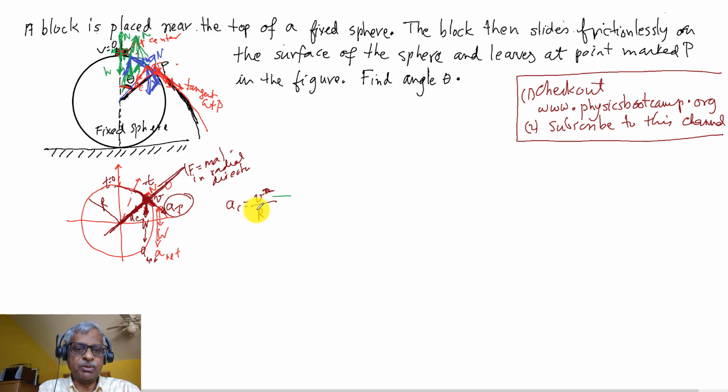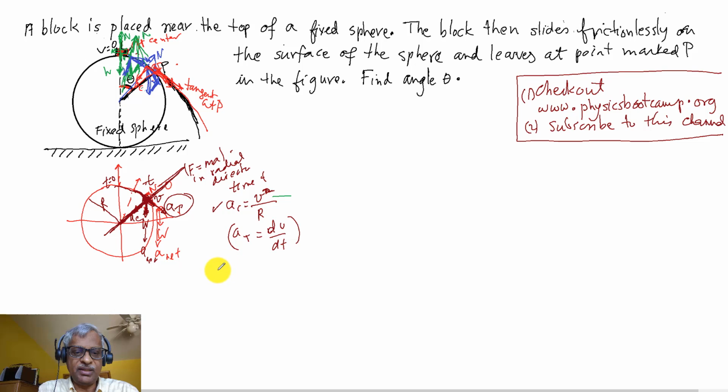So at time t, AC is this, and there is AT, which we don't care about, and that is actually dv over dt.